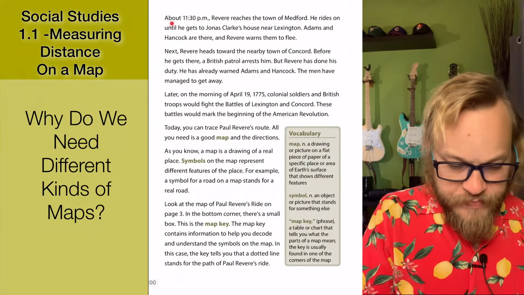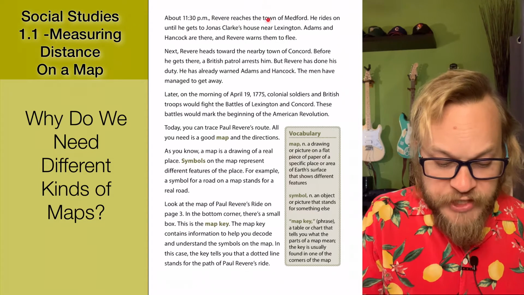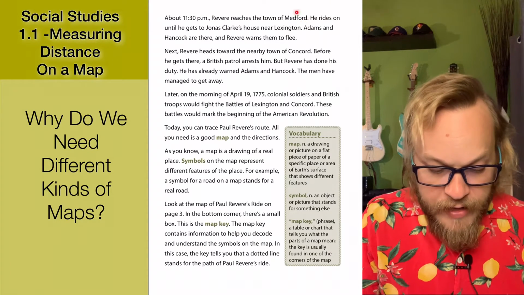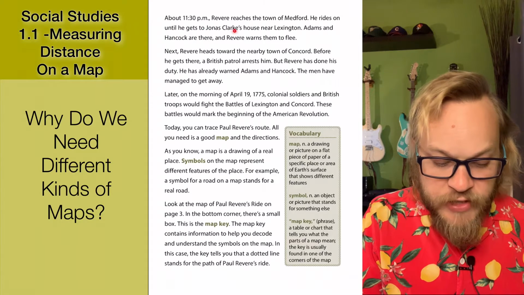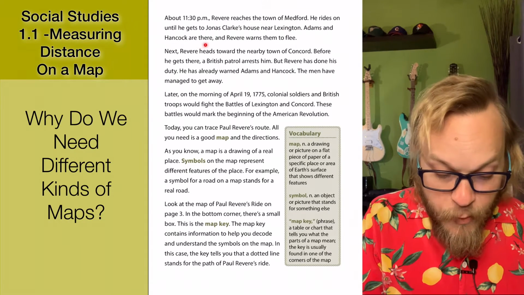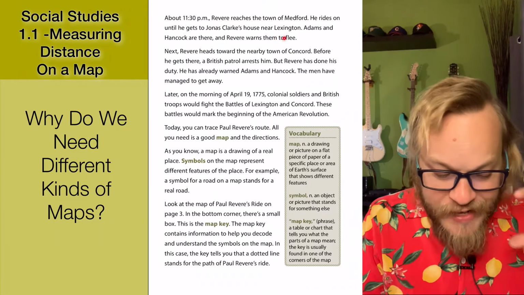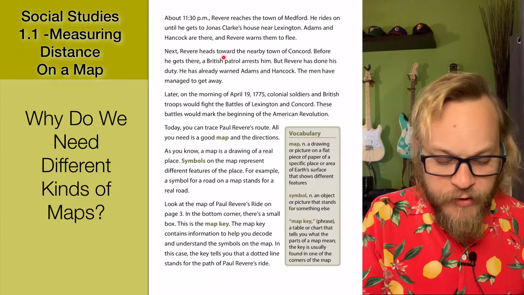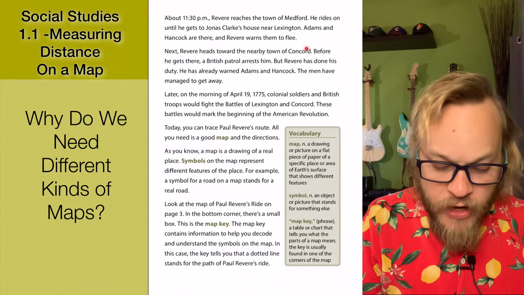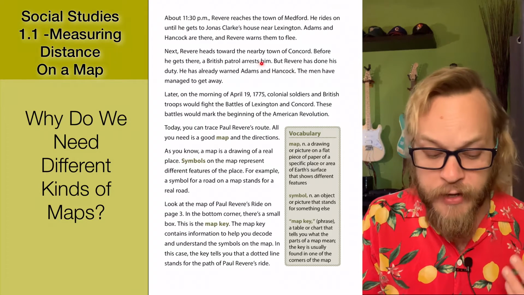Okay? So about 11:30 p.m., Revere reaches the town of Medford. He rides on until he gets to Jonas Clark's house near Lexington. Adams and Hancock are waiting there, and Revere warns them to flee, to run away. Next, Revere heads toward the nearby town of Concord, but before he gets there, a British patrol arrests him.